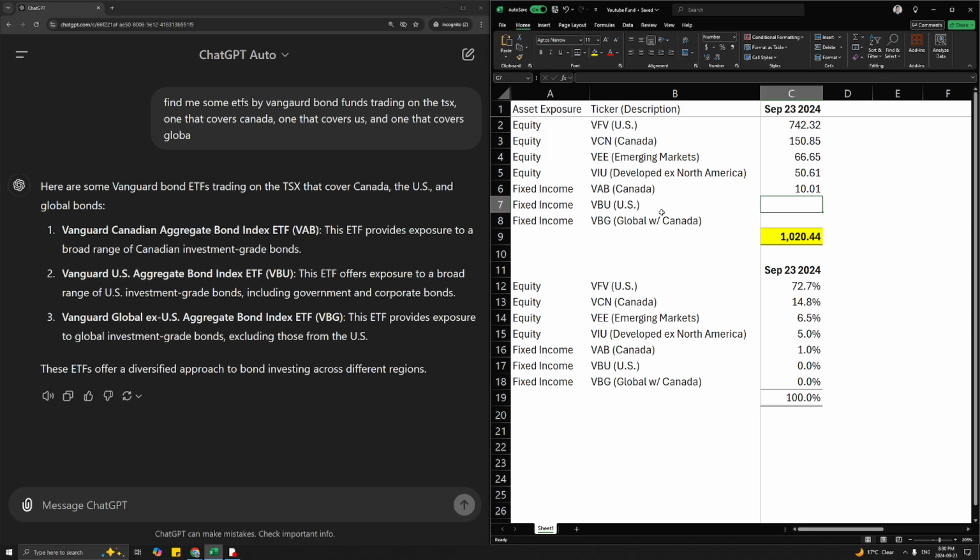So I have more VBU than VAB. VBU is at 10.01, VAB is 5.01, and VBG is 4.01. Look at that, guys, I'm already up. I'm up 2.9%.